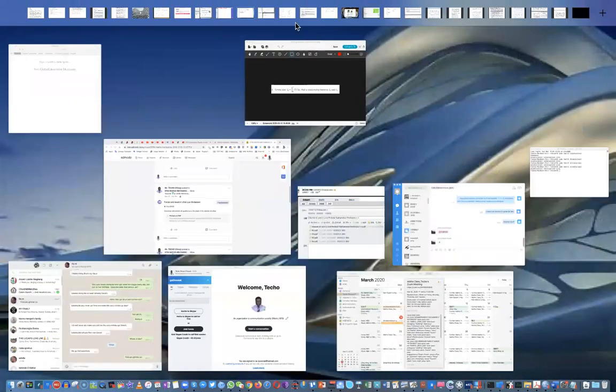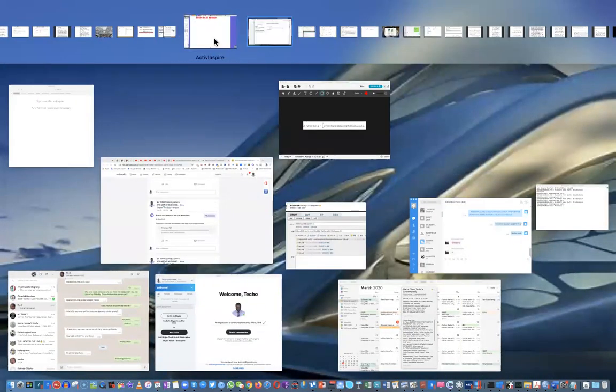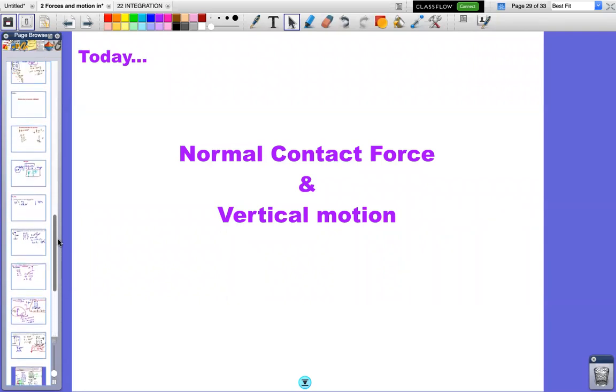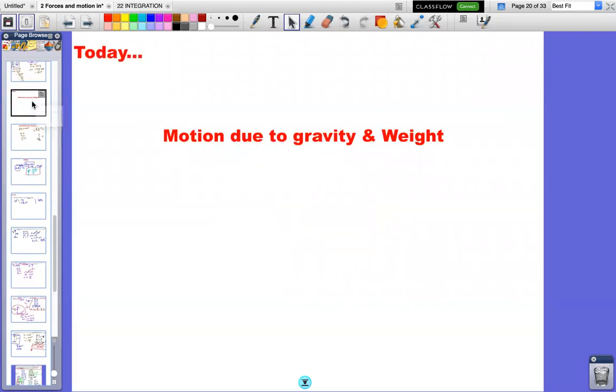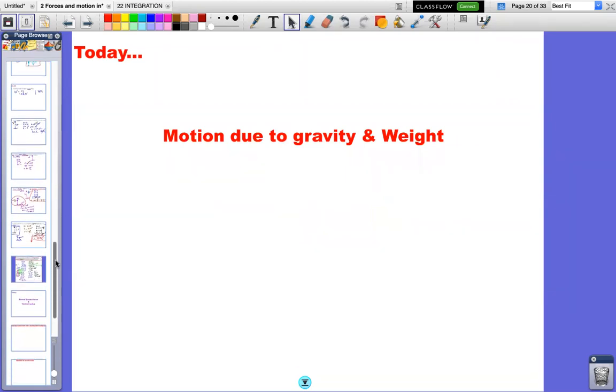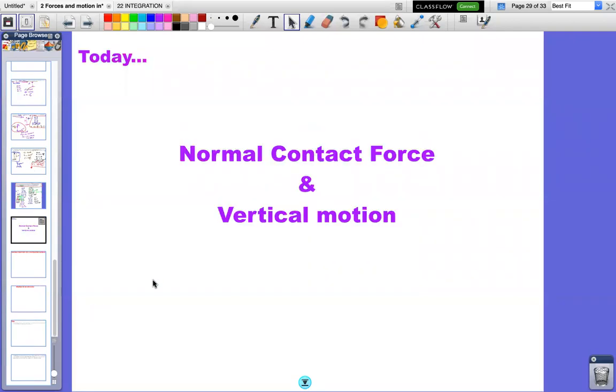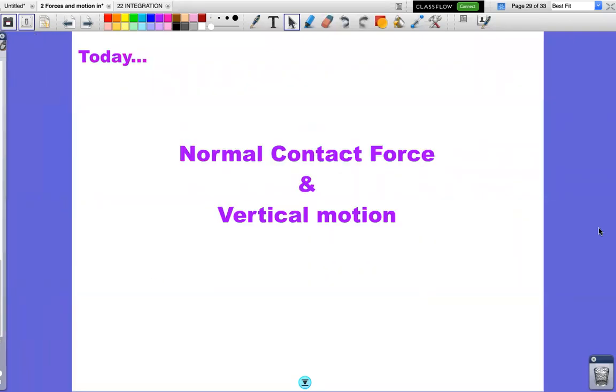Is there a question about last time's work? Does anybody have a question about what we did last time? I remember last time we talked about, what did we talk about last time again? We had talked about motion due to gravity and weight. Does anybody have a question? Maybe a problem you couldn't solve?